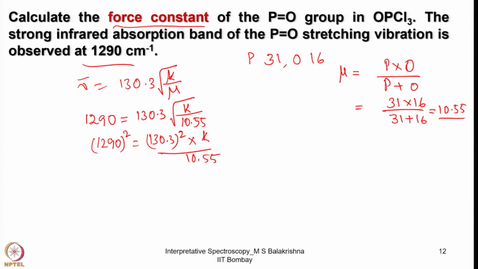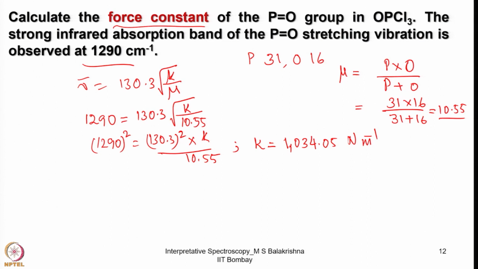By simplifying this, we get K or F as 1.05 newtons per meter. So this is how we can get the value here.